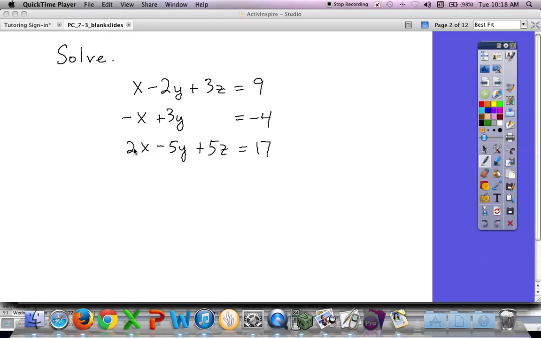In that way, you could deal with any dimensions of a system of equations, even 10 by 10. Solve one in terms of one variable and plug it into the other 9, right? Then solve one of those in terms of one variable and plug it into the other 8. And keep doing it until you get down to a 2 by 2, and then substitution, elimination, whatever.